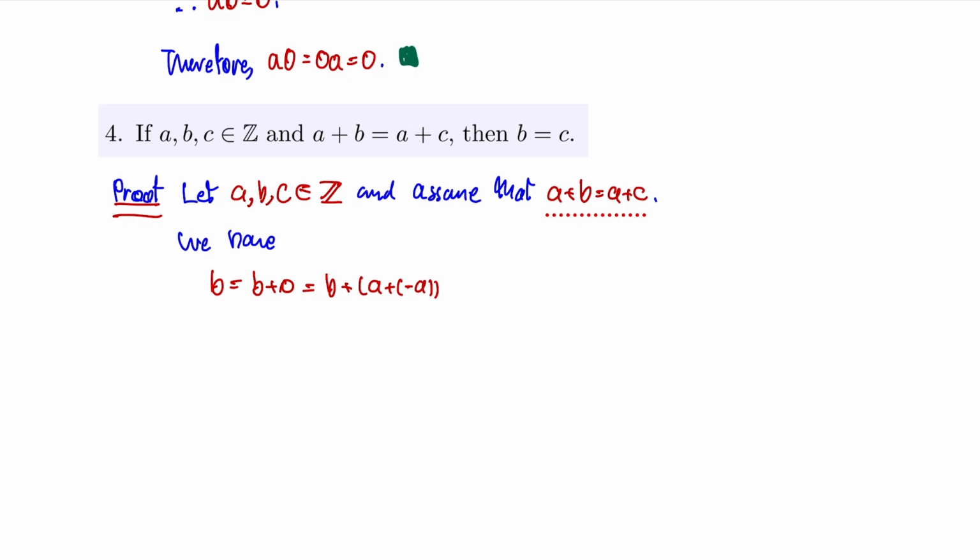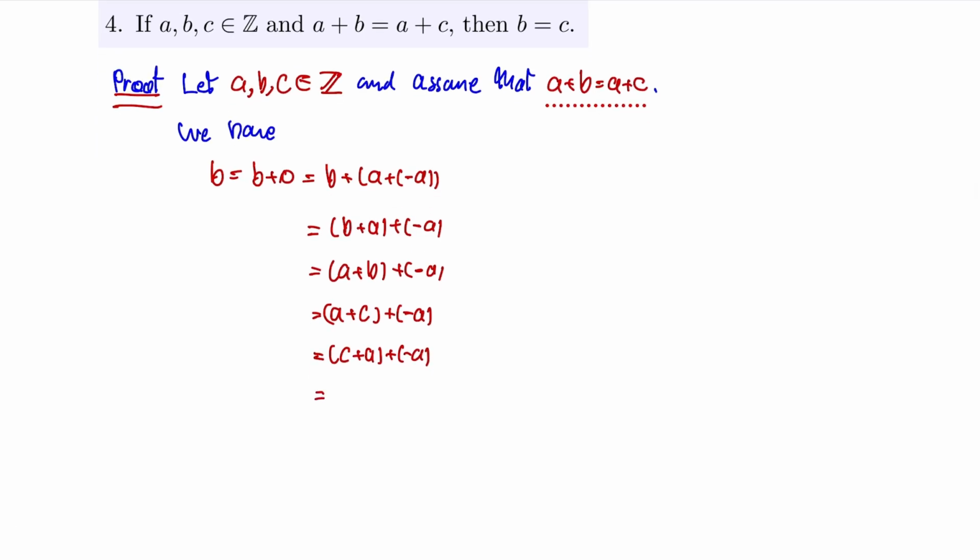What can we do next? We use the associative property, so we have b plus a plus minus a. Then the commutative property, we have a plus b plus minus a. A plus b is a plus c, so it becomes a plus c plus minus a. Then we use the commutative property under addition: a plus c becomes c plus a.